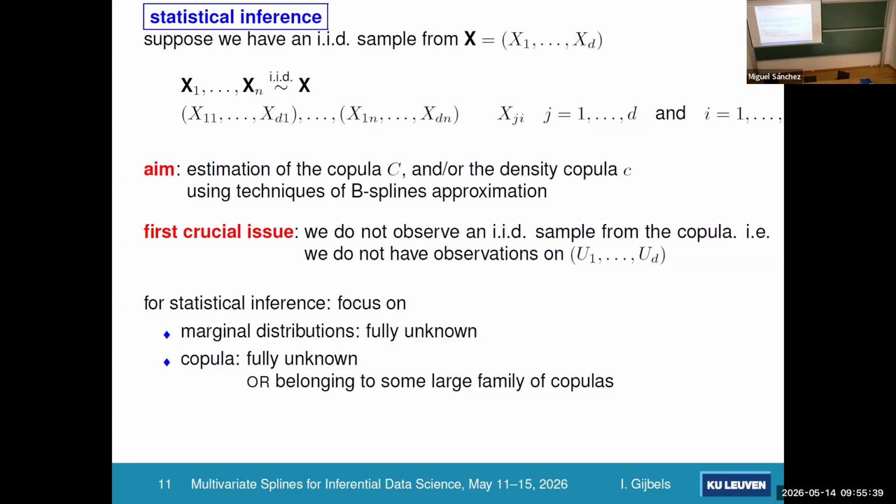Now, a first issue that you have to realize is that I do not have observations of these uniform marginals. I don't have observations from that. If you would have observations from that, it would be easier in some sense. So that's the first thing to realize.